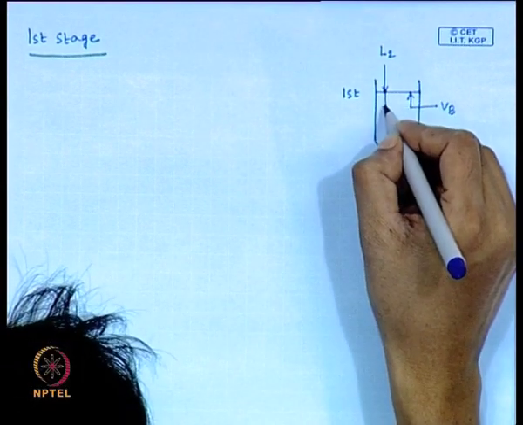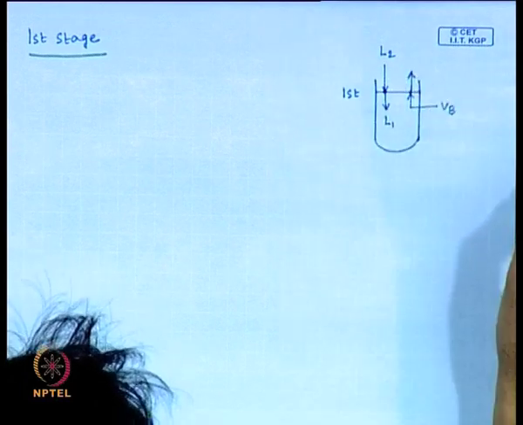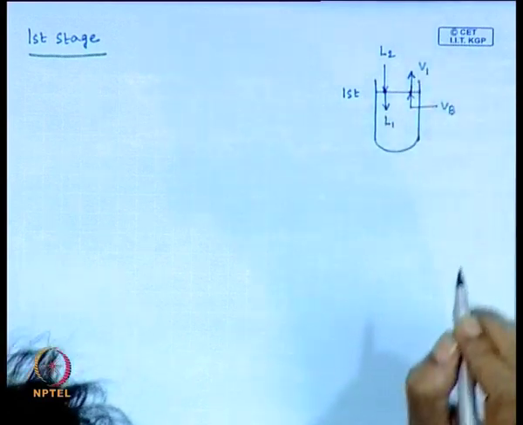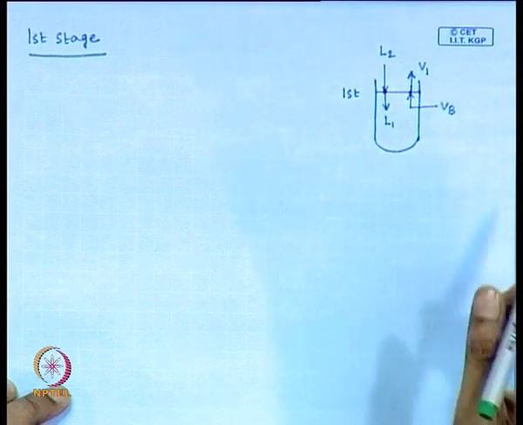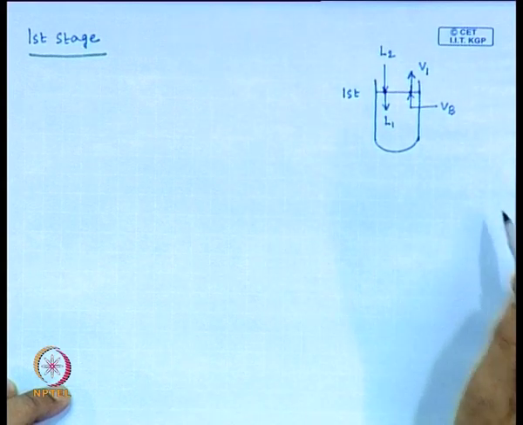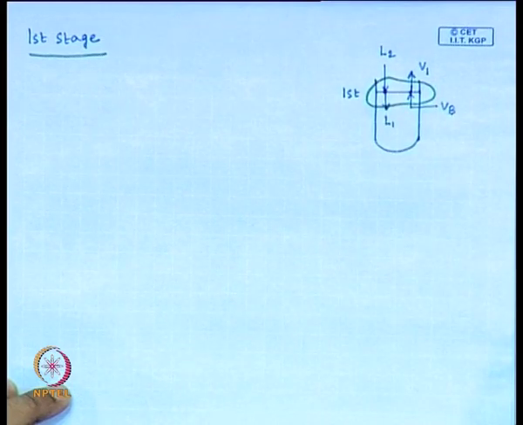Outgoing streams are one is L1, another one is V1. Fine. So, this is the fifth envelope.